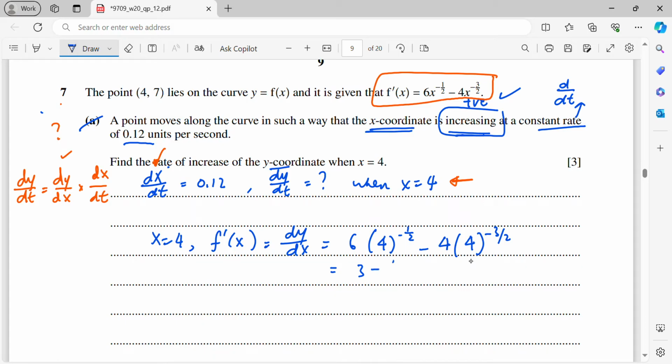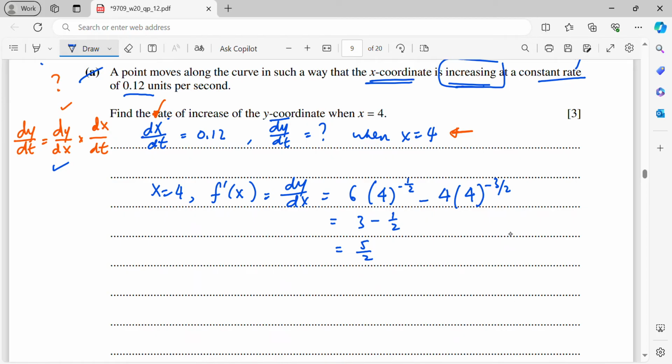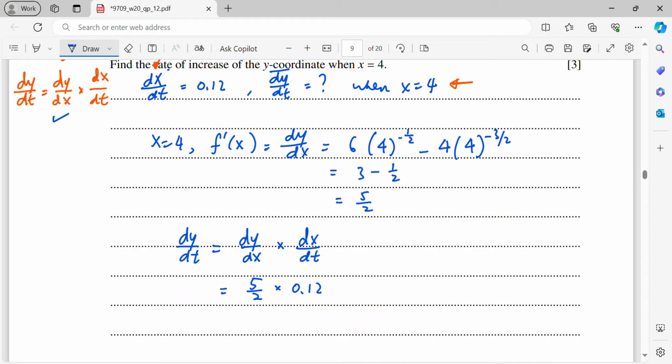The second term is half. That means you are getting 5 over 2. So now apply this chain rule formula. I will write dy/dt equals dy/dx times dx/dt. So that is 5 over 2 multiplied by 0.12. Okay, then you will get 0.3.